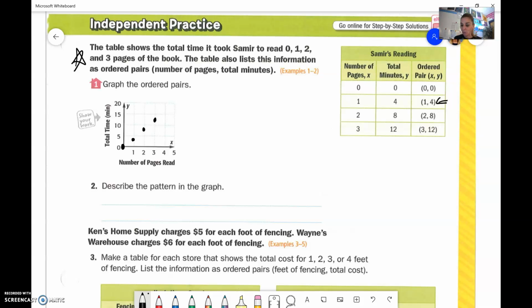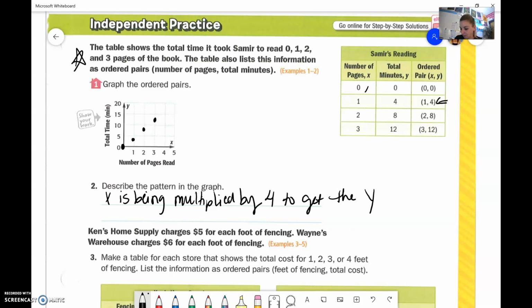Describe the pattern. What are we noticing? What are we seeing? Okay, we are seeing that X is being multiplied by 4 to get the Y. So if I times this by 4, I get 0. 1 times 4, 2 times 4, 3 times 4.